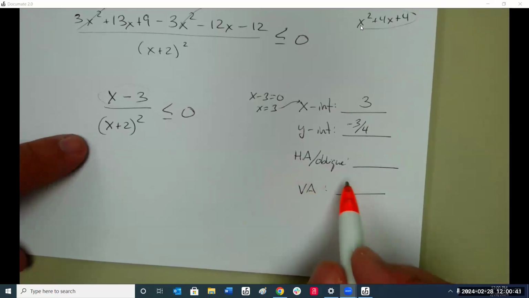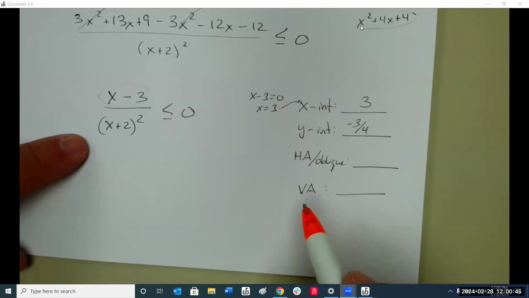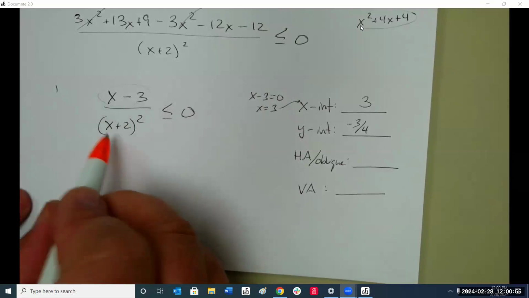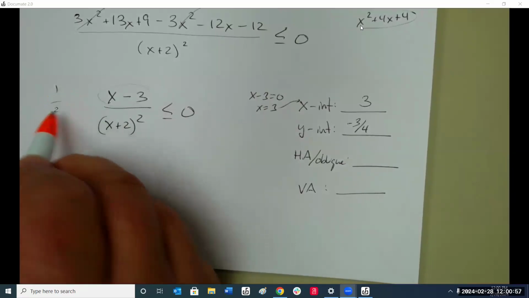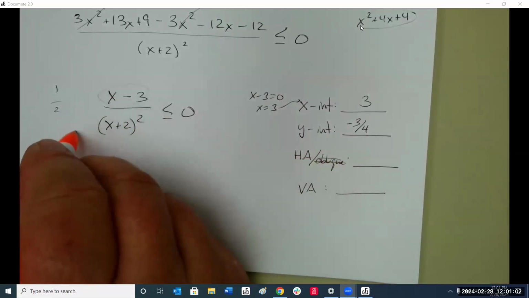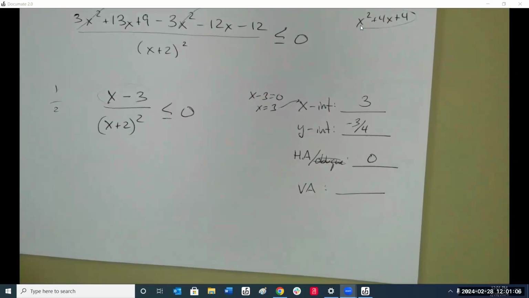Do we have an oblique or a horizontal asymptote? What's the degree on top? What's the degree on the bottom? So it's a horizontal asymptote. There's more on the bottom, so it's the x-axis.